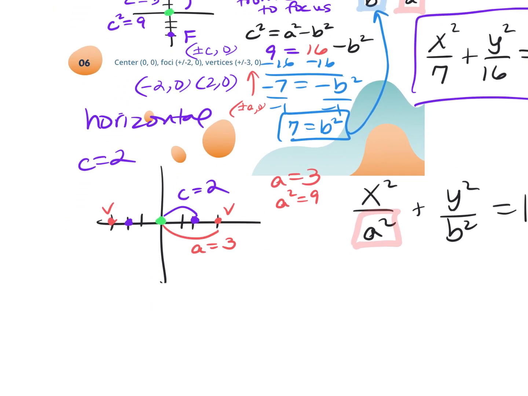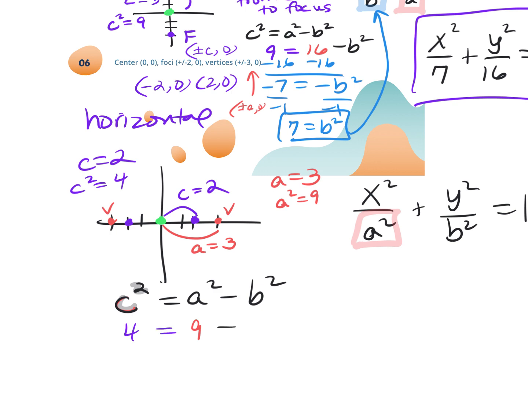So I'm going to use my formula again, c squared equals a squared minus b squared. Fill in the a and the c. Fill in a squared, which is 9. Fill in c squared, which is 2 squared, which is 4.